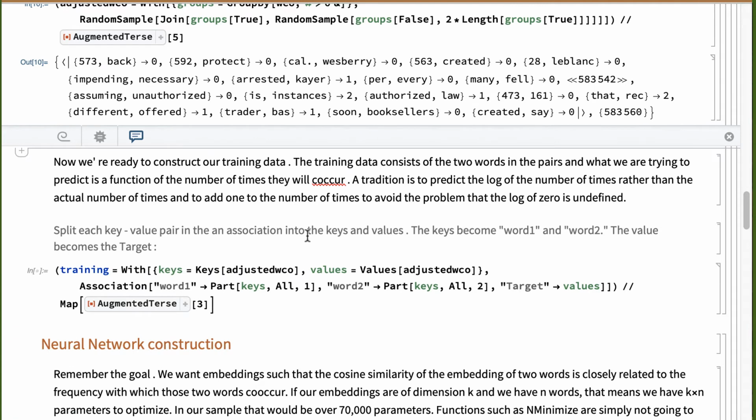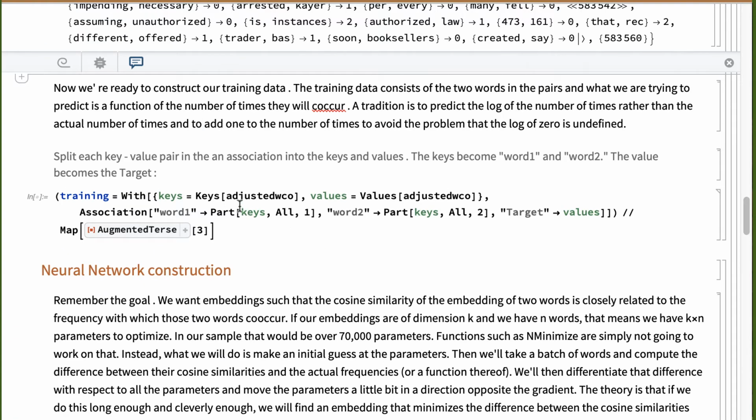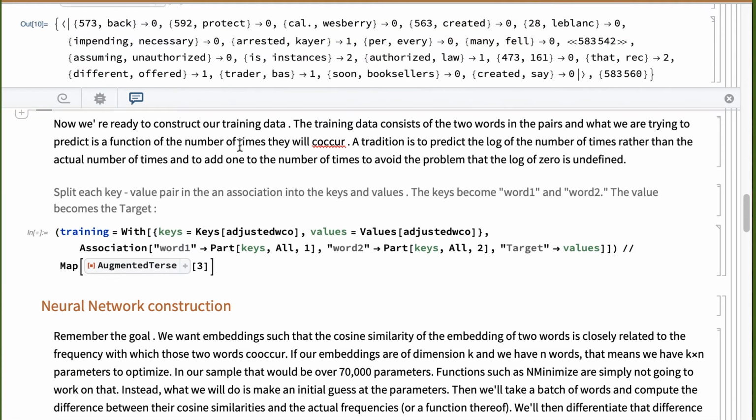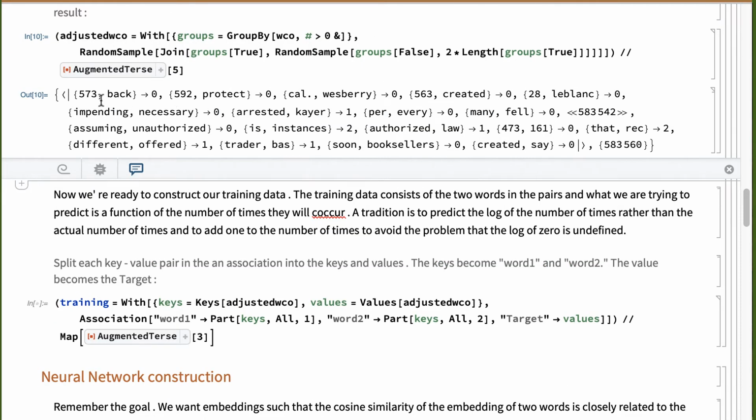Now let's construct our training data. We're just going to take the keys of this association and the values of our association here, 0, 0, 0, 0, 0, 2, 1, and we're going to turn this into an association in which the keys are word 1, word 2, and target.